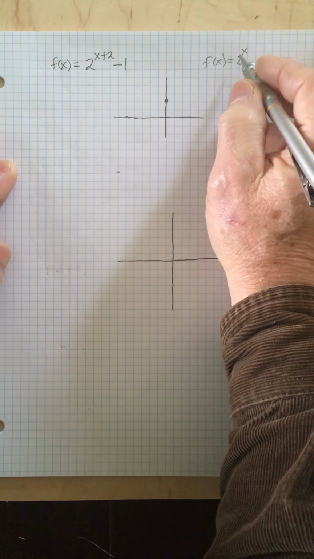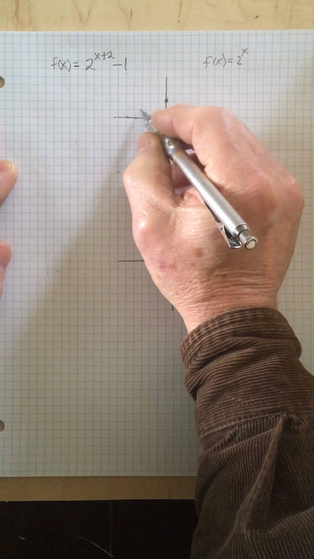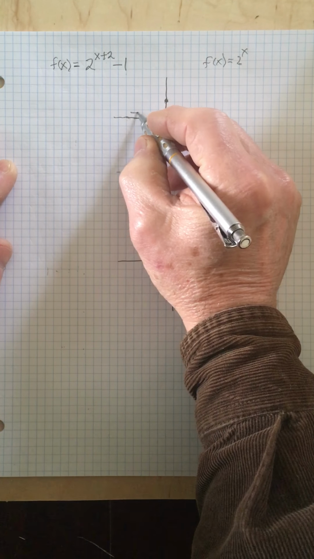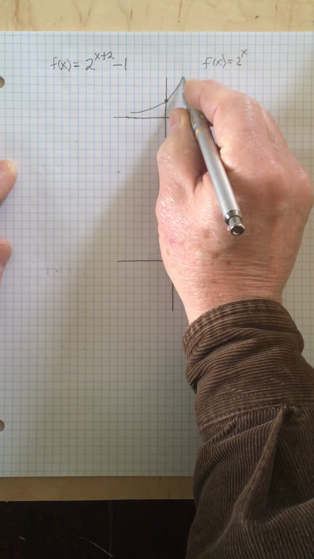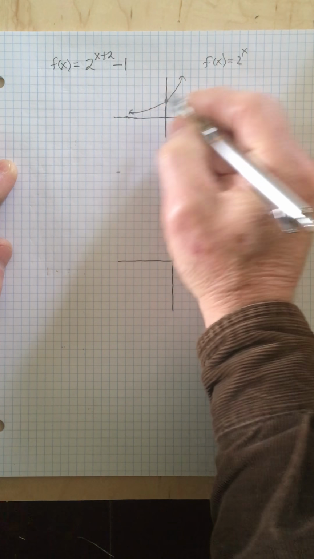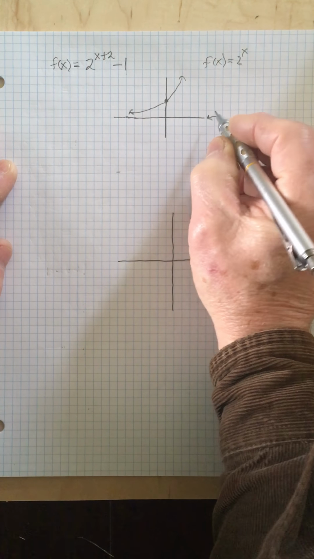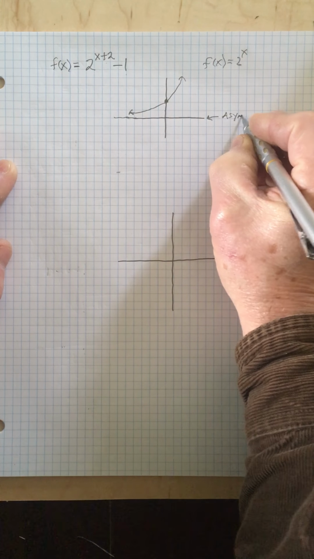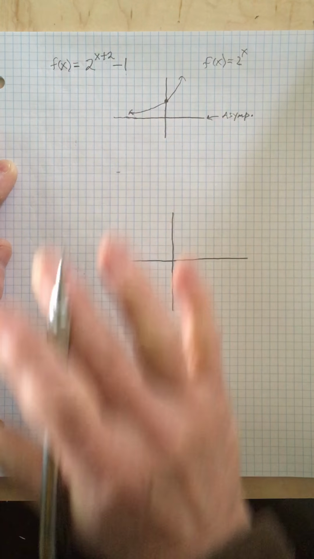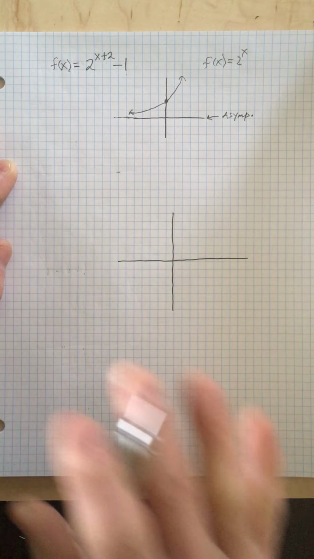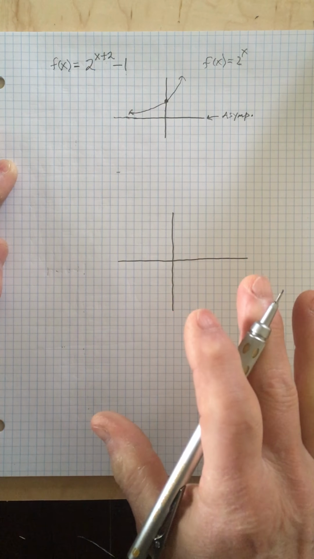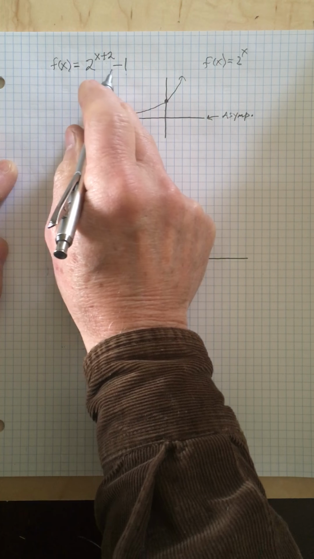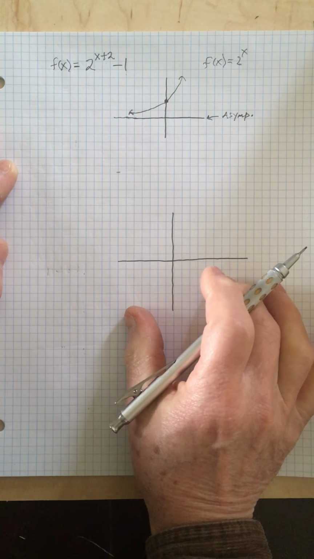It's increasing, so we can just kind of sketch that. We don't care a whole lot about what's going on yet. So we got this situation. We know it's asymptote. That's an asymptote right there. Okay, we know all that from what we just saw on the previous page when we looked at the basic graph. Okay, now what we want to do is graph this equation here.